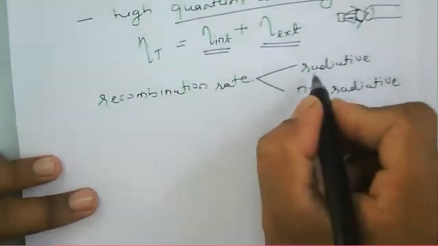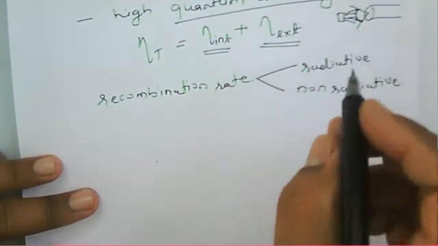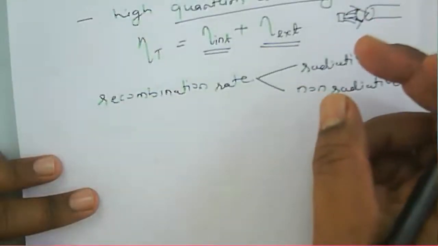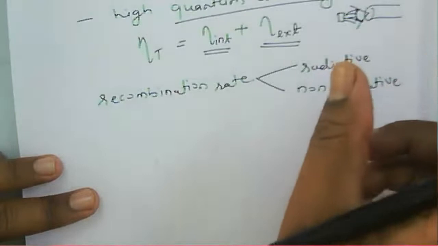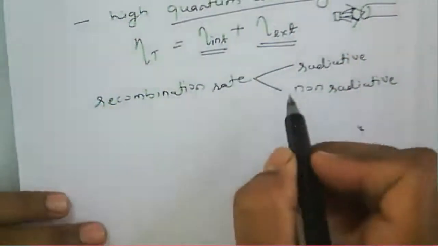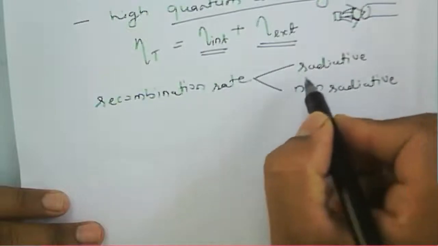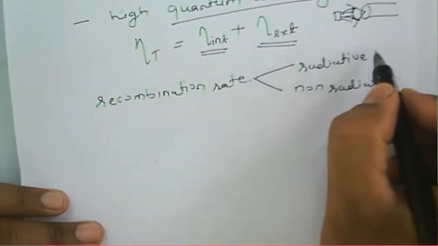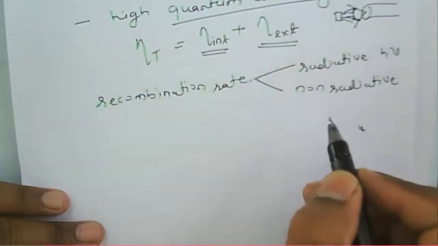In the case of radiative recombination, when an electron-hole pair comes across at the particular junction region and recombines, it will emit a photon of energy. It will emit a photon of energy that will be hν.